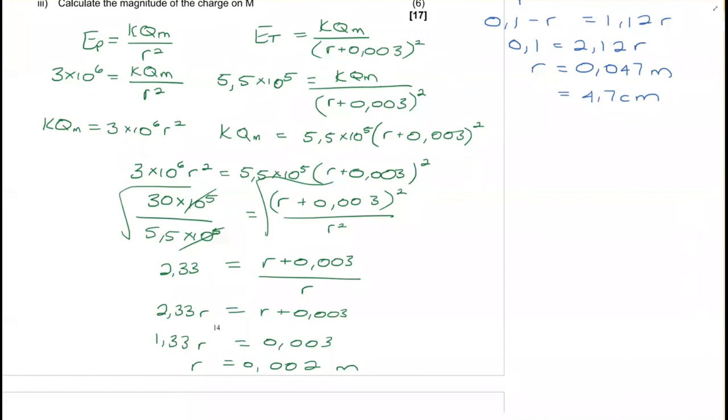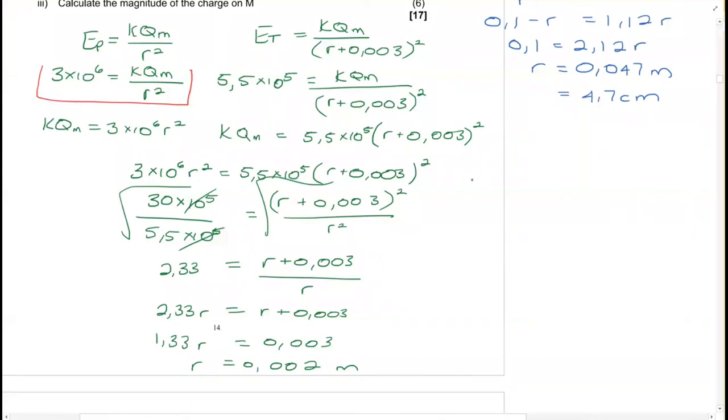But I'm going to sub this back. So I'm going to take my formula, which one? I'm going to take this one up at the top here. I'm going to use that one to get my Q. So I'm going to sub in.